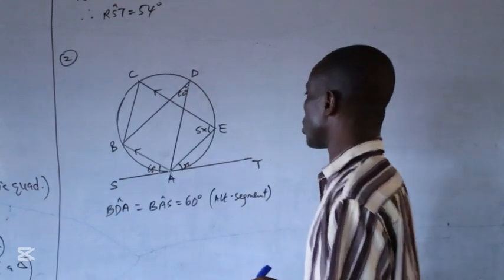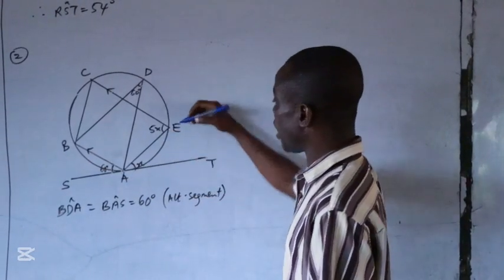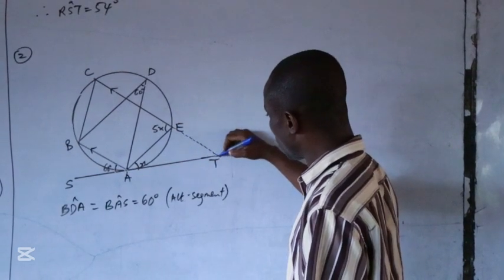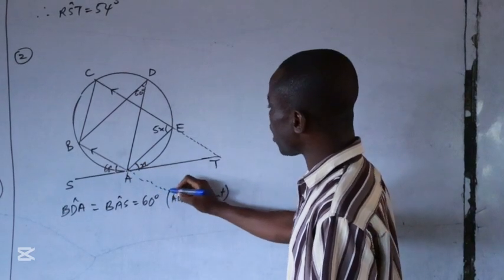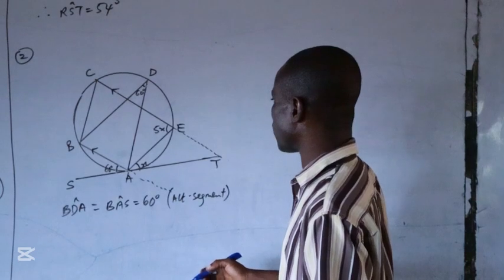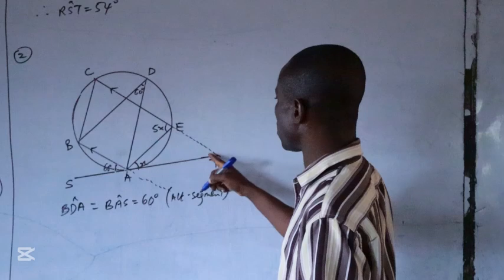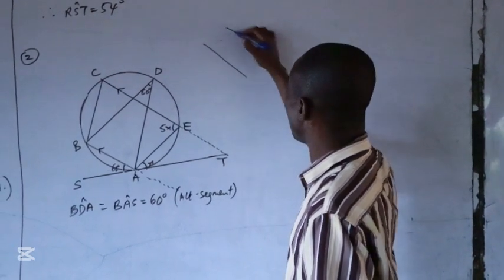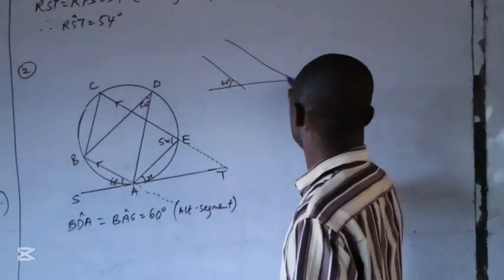But I still want to do something again. Now that this line here is parallel to this, I can extend this line so that this point here will become T. I can also extend this one. As this one is 60, this angle is also 60, because we now have the diagram like this. 60, 60.